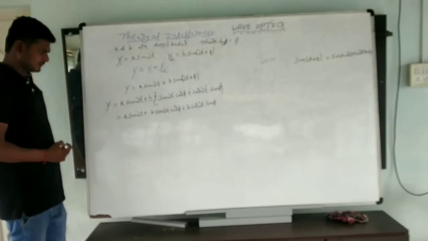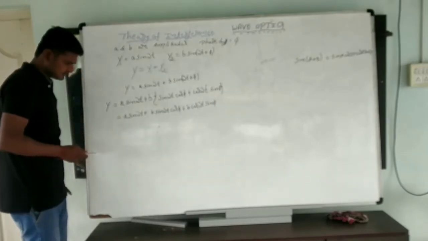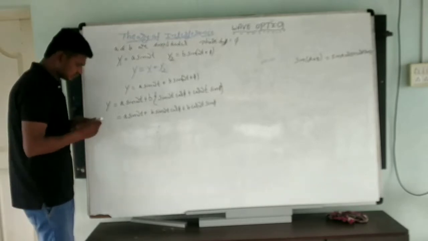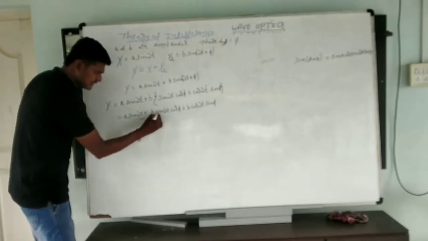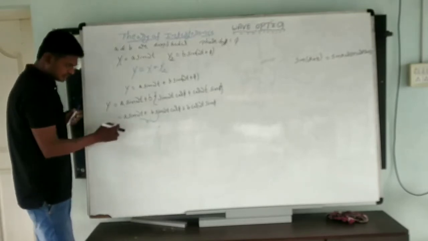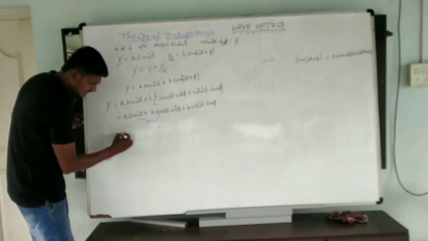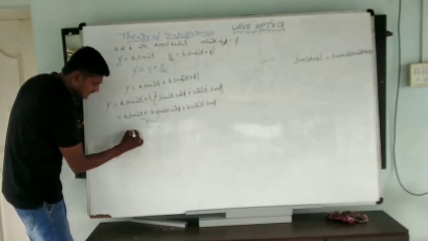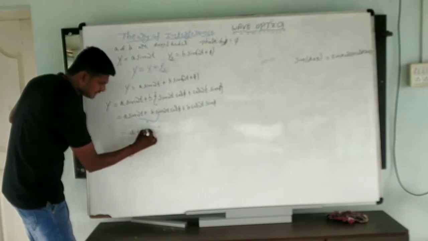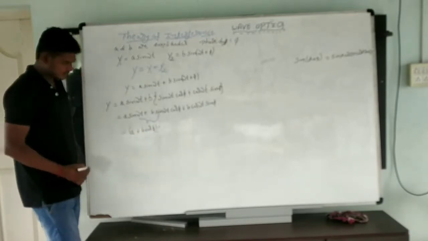Now, in these terms, sin omega t is common. I am going to take sin omega t common, and the remaining is A plus B cos phi. So sin omega t outside, multiplied by (A plus B cos phi).